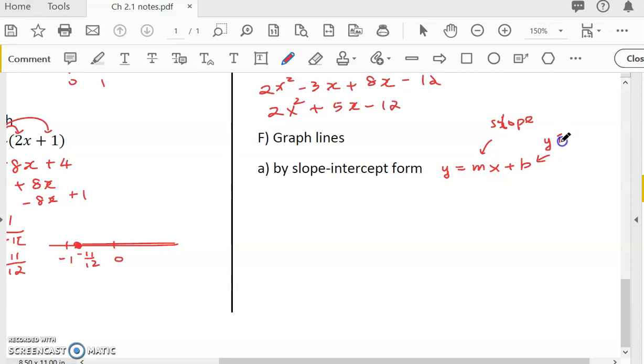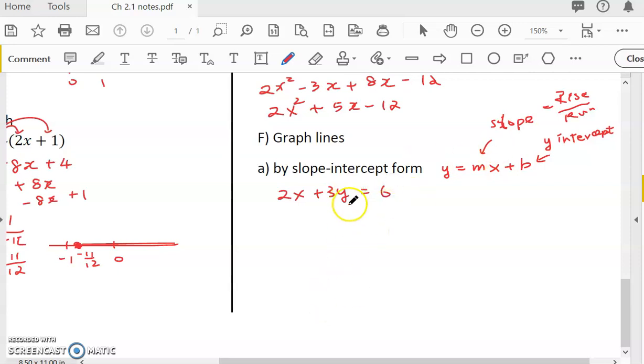So if you can write your linear equation this way, then you can graph it by doing the y-intercept and then slope is rise over run, right? So let's just pretend that we have something like 2x plus 3y equal to 6.